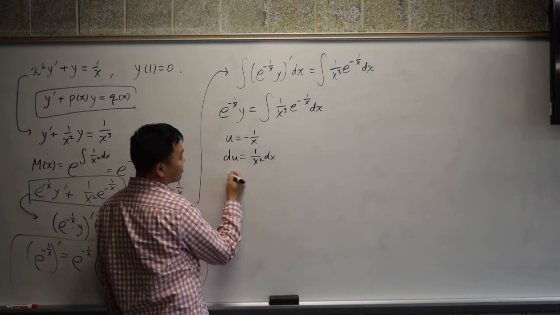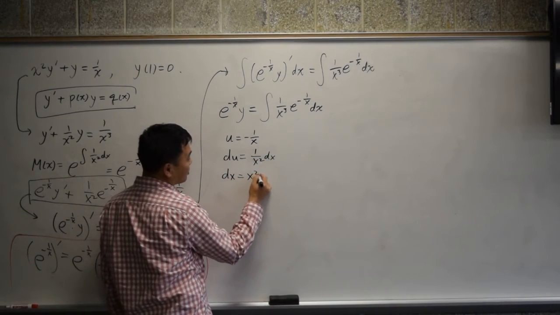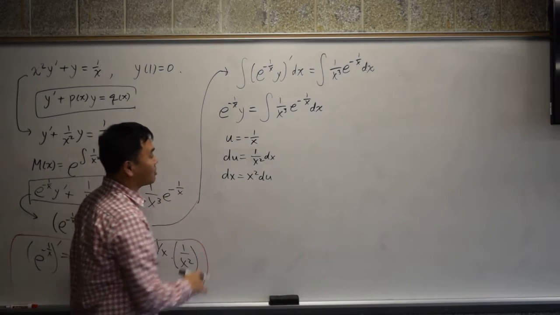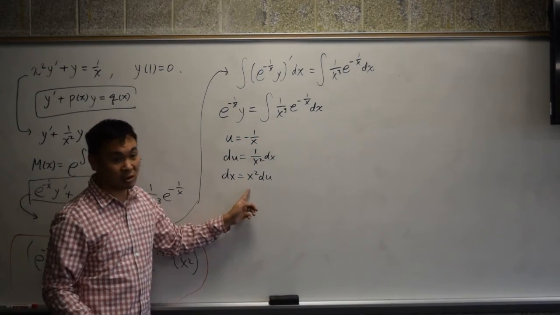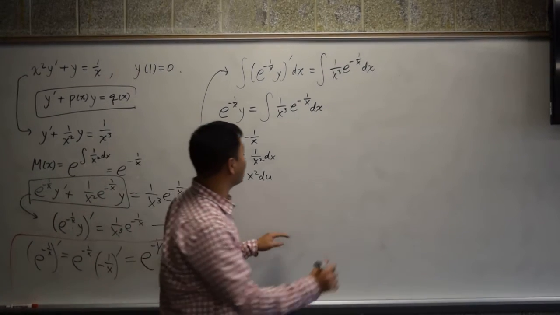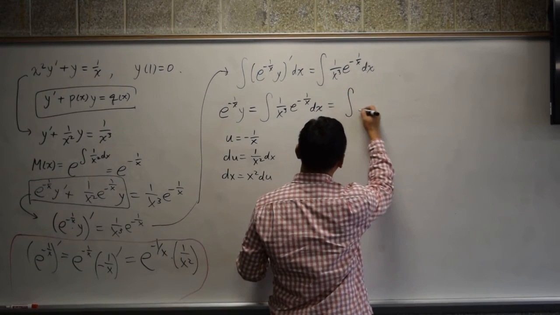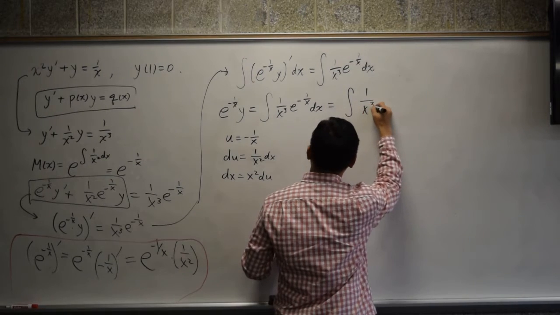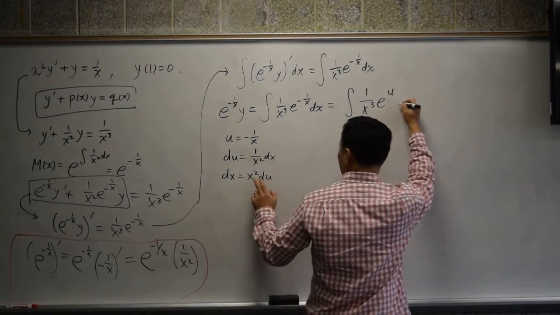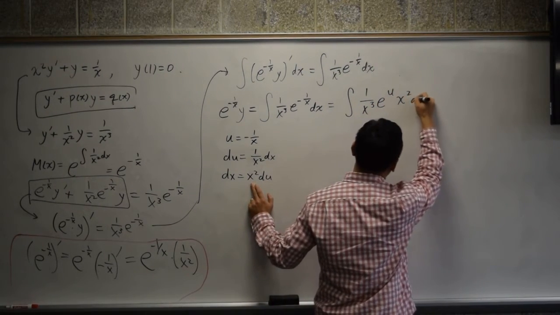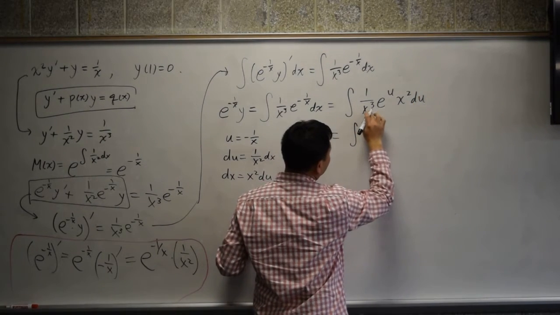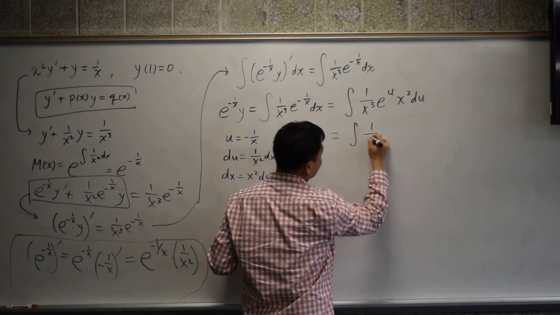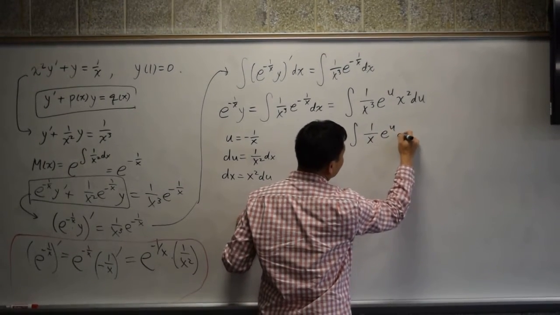From there, let's just say dx is x squared times du. I like this because 1 over x cubed and x squared can cancel each other. So let's do that. 1 over x cubed e to the u, and dx is now replaced by x squared du. And then you have x squared and x cubed canceling to give you 1 over x e to the u du.